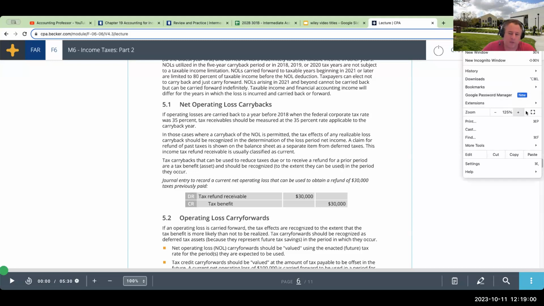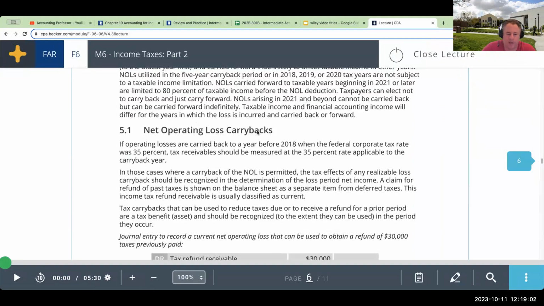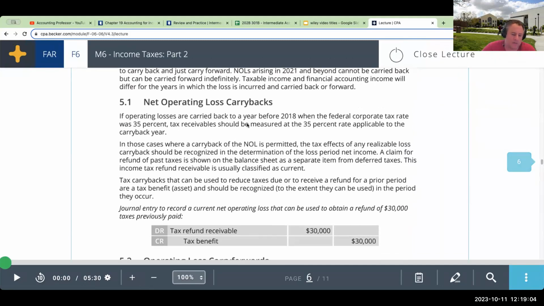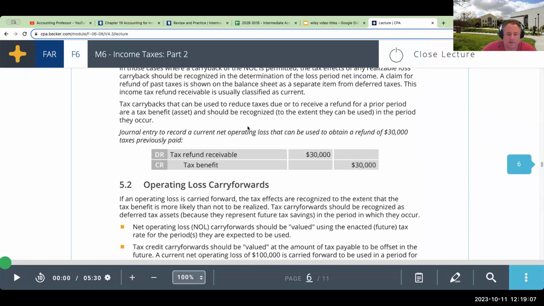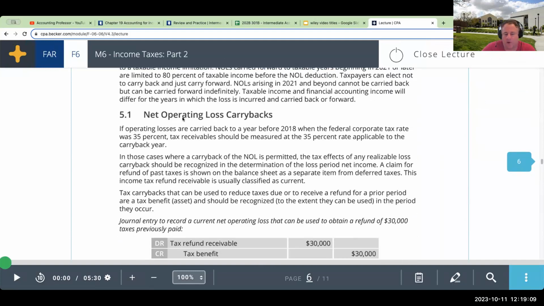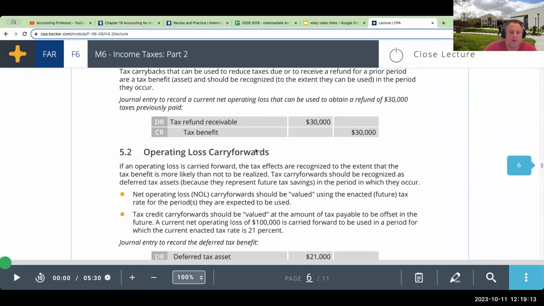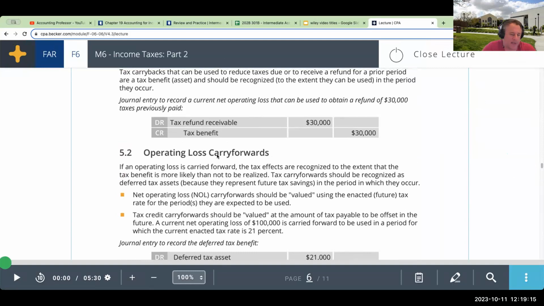As we look at what Becker is saying, you've got income tax law and net operating loss carrybacks, which doesn't apply to this situation. But over here, you have operating loss carryforwards. If an operating loss is carried forward, the tax effects are recognized to the extent that the tax benefit is more likely than not to be realized.